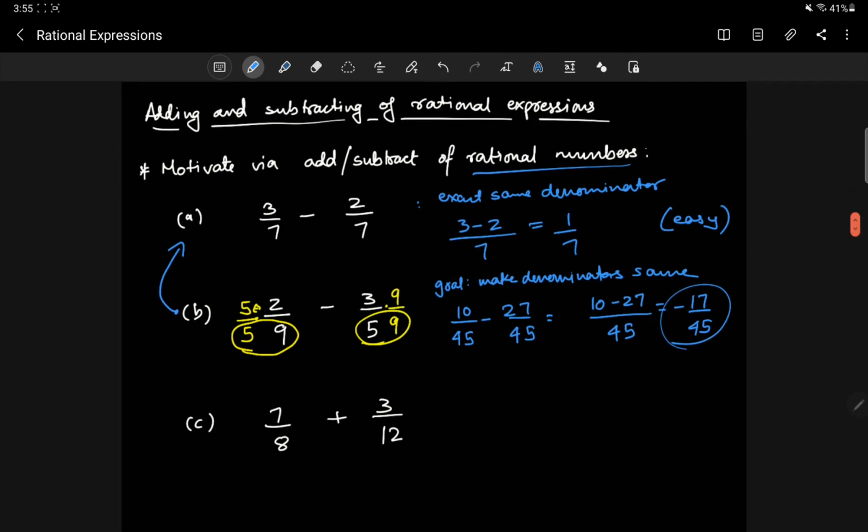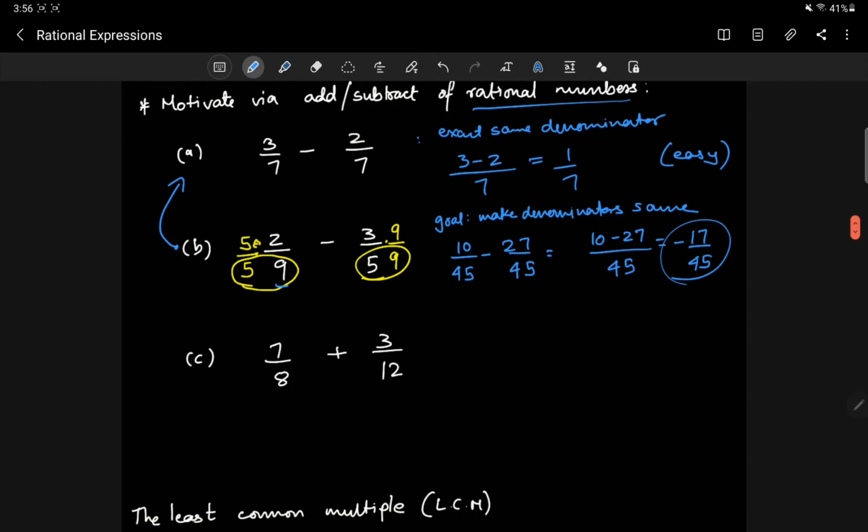Now even amongst the non-easy case, this is the easiest because we just looked at 9 and 5 and multiplied whatever was missing. Now sometimes that may not be the best possible goal. For example, here I can multiply by 12 and 8 on the other side, but I also notice that 8 times 3 is 24 and 12 times 2 is 24, which means I can get to a much lower denominator which is common to both.